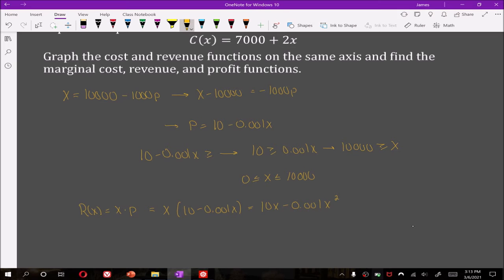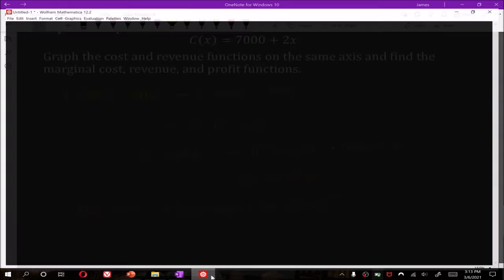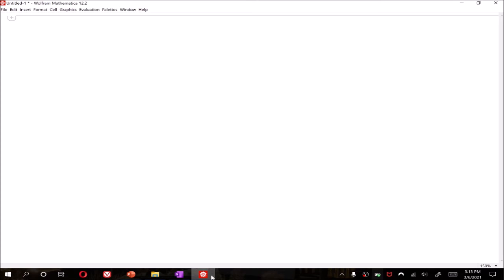To plot this, we are going to use, once again, Mathematica. Let's define our cost function, c of x, as 7,000 plus 2x. That was what was given to us. We will then define revenue as what we just found, 10x minus 0.001x squared.